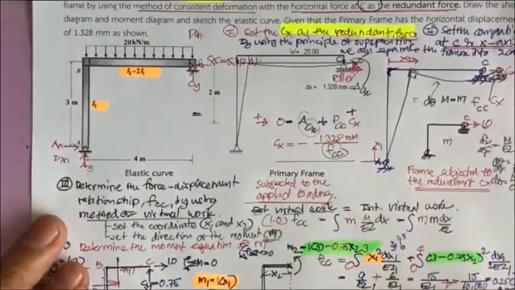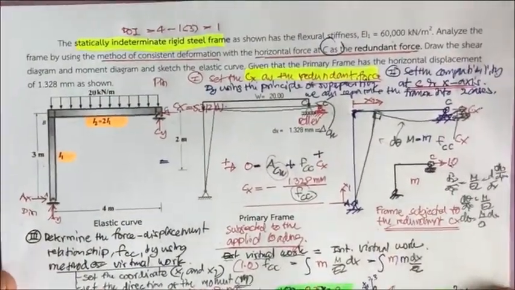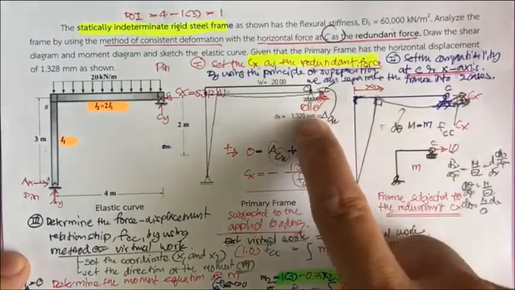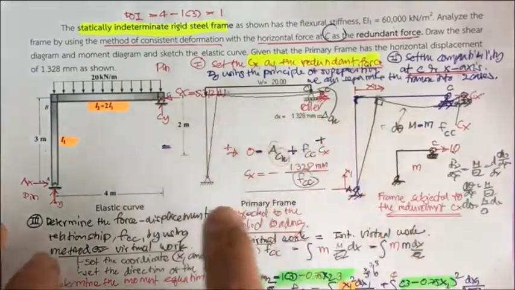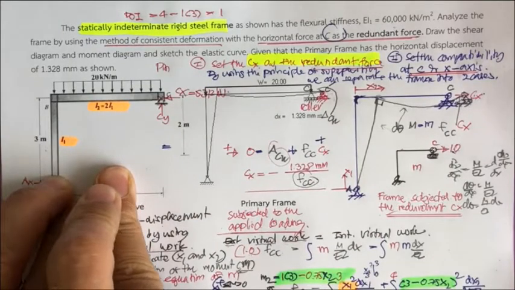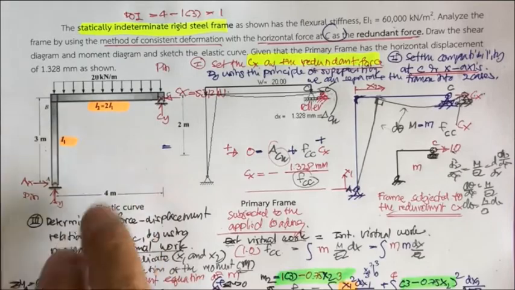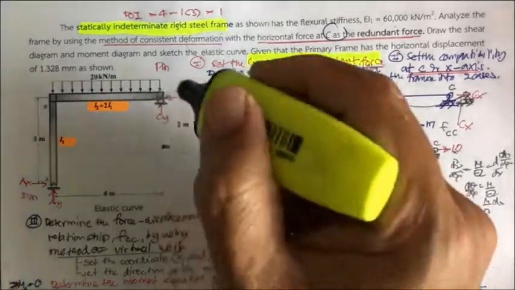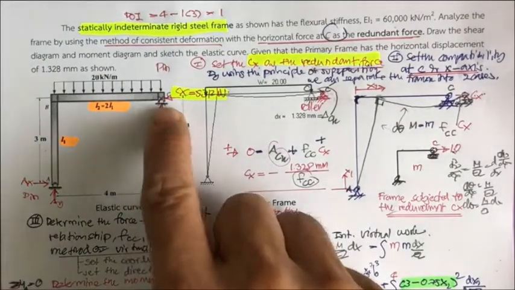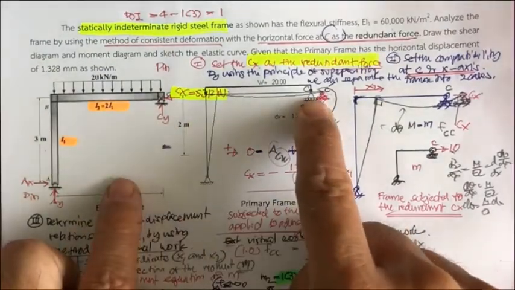We can solve this one more easily because for this problem they provide some deformation. So for our indeterminate frame, when they select C sub x as the redundant, the pin here changes to a roller here.